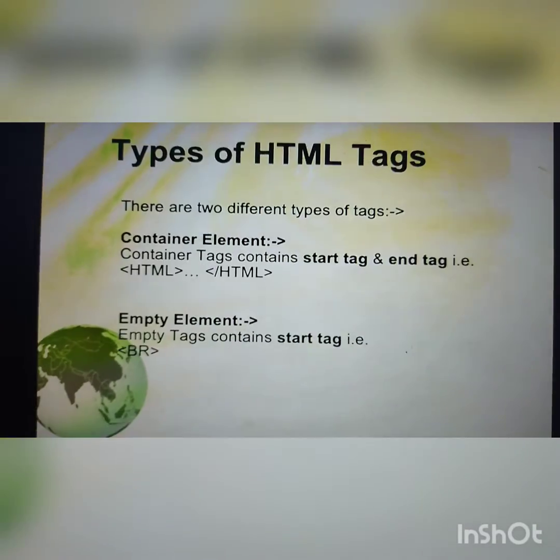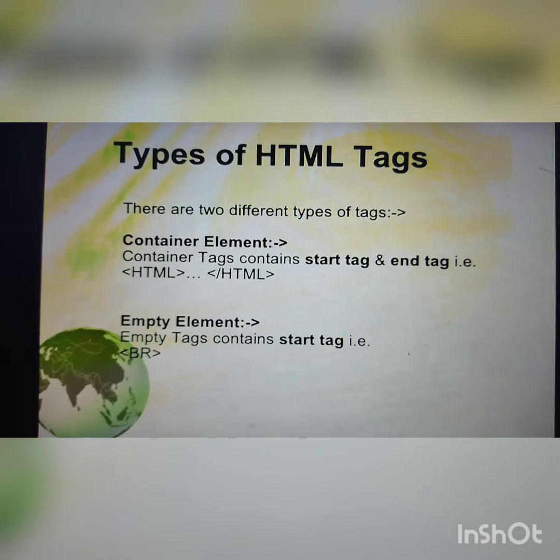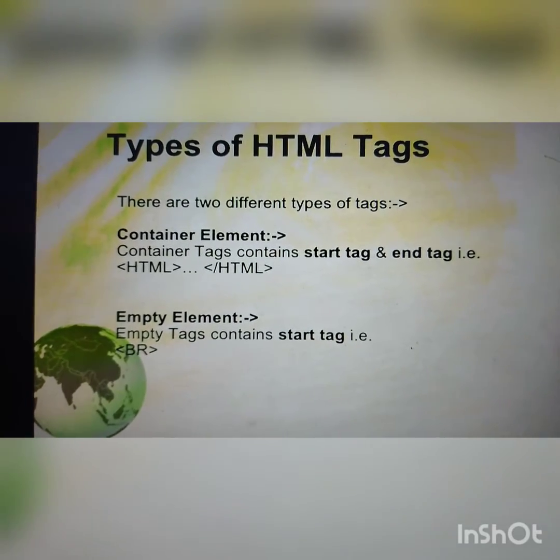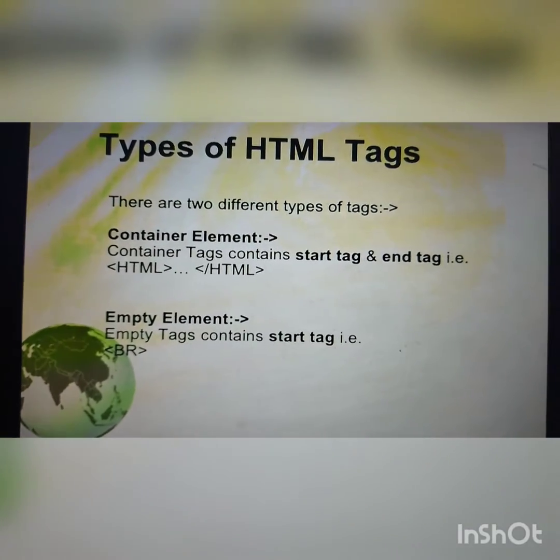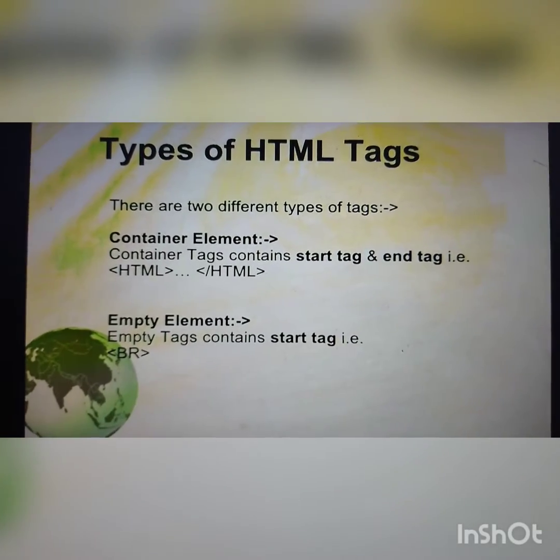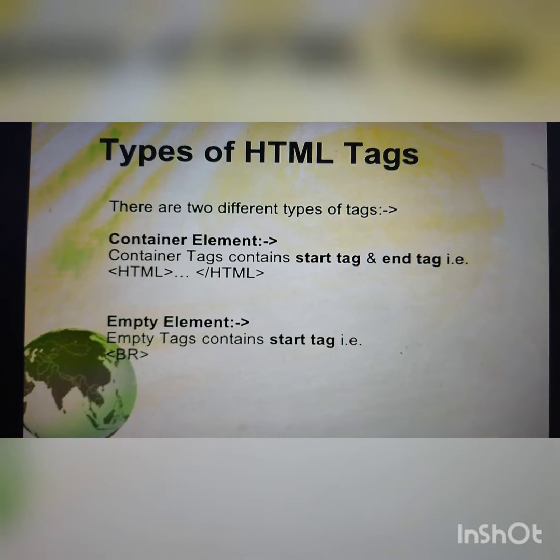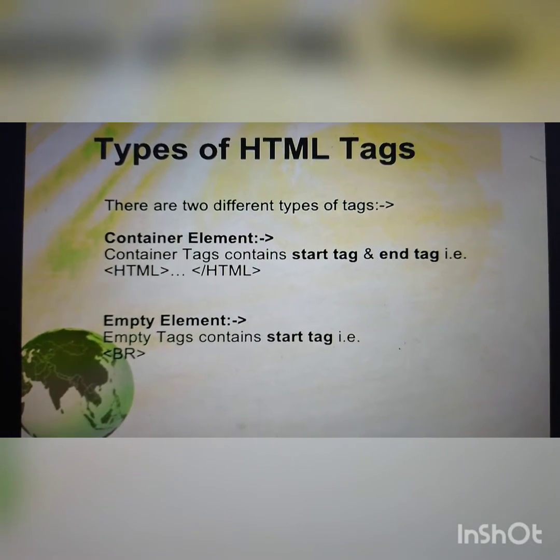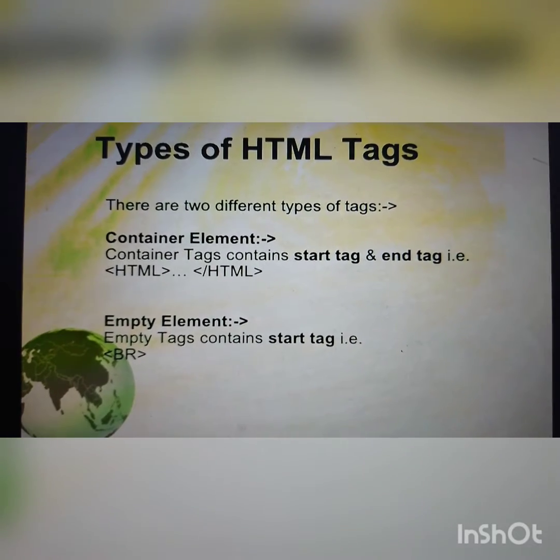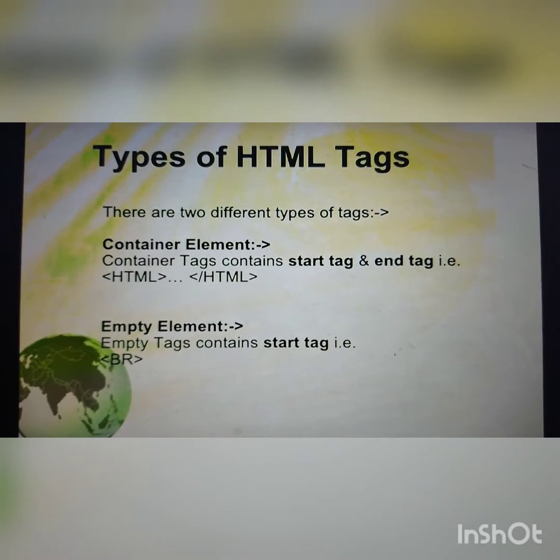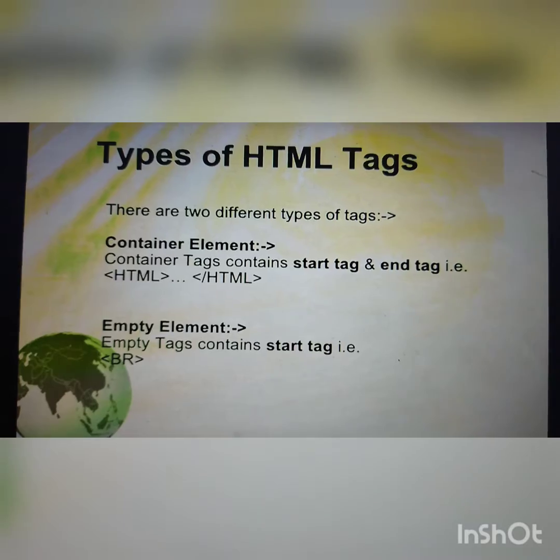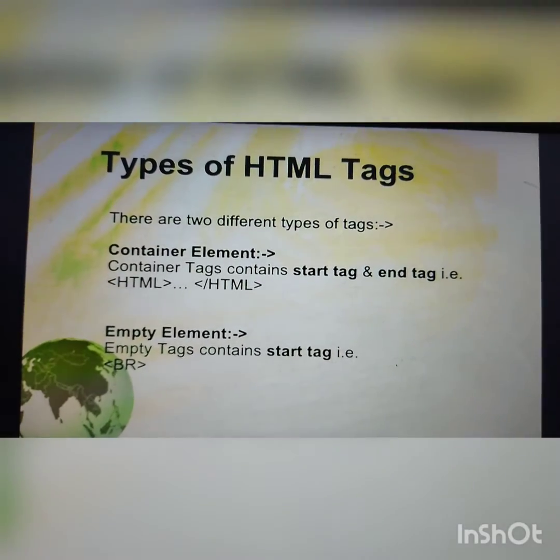Then you can see the types of HTML tags. Students, there are two different types of tags. First are container elements. Container tags contain a start tag and an end tag, an opening tag and a closing tag. Both are a pair of tags, so it is known as a container tag.